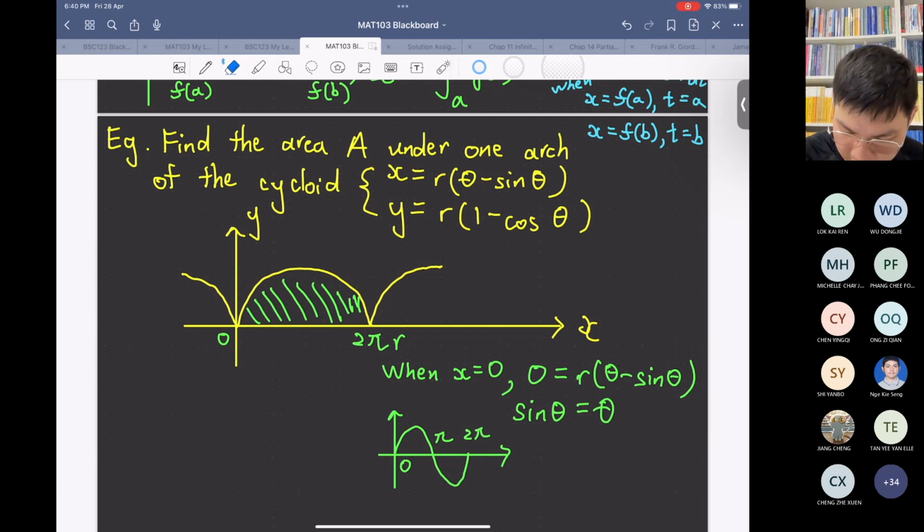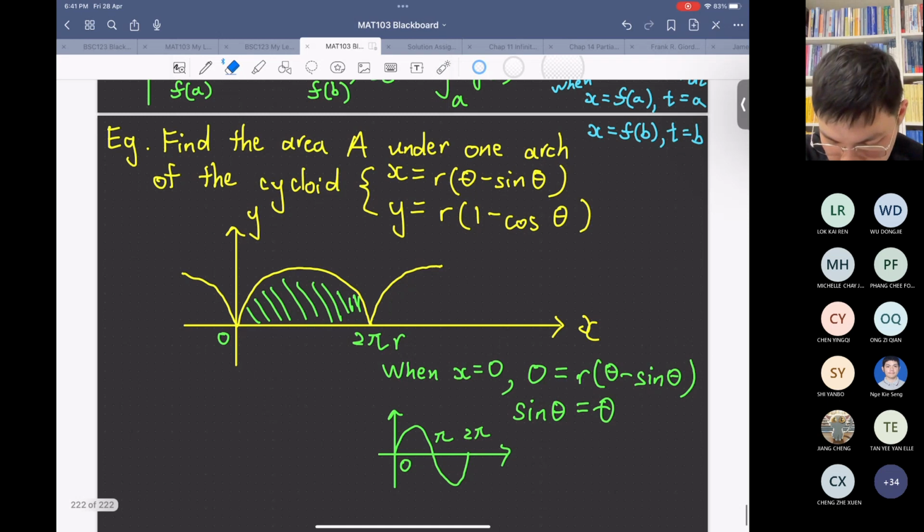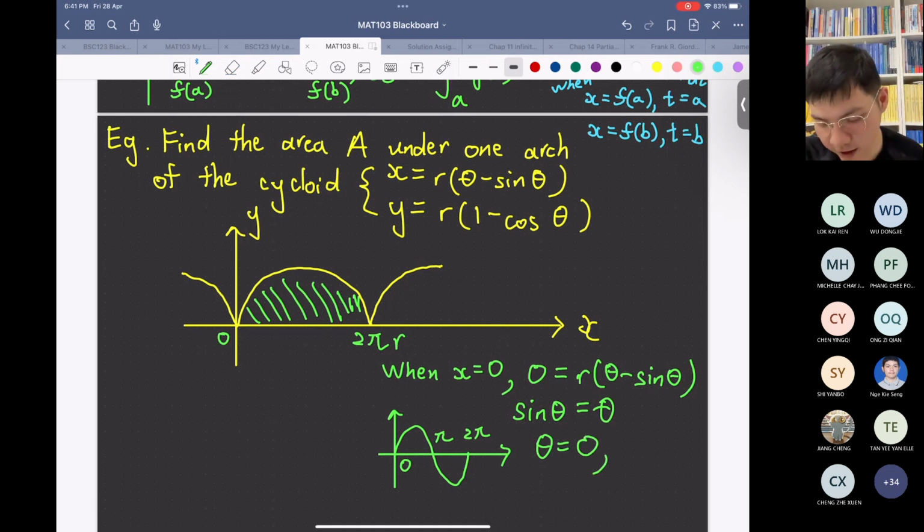So when sine theta equals theta, theta can really only be 0. At 0 it's easy to check because sine 0 is 0, and then you rule out any other cases by reasoning on the curve.